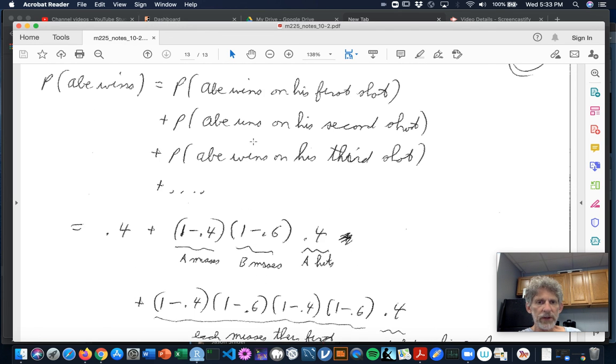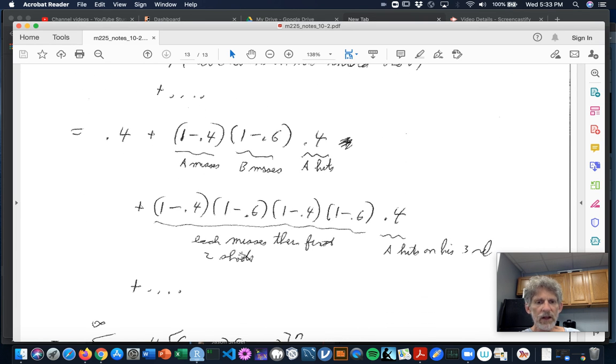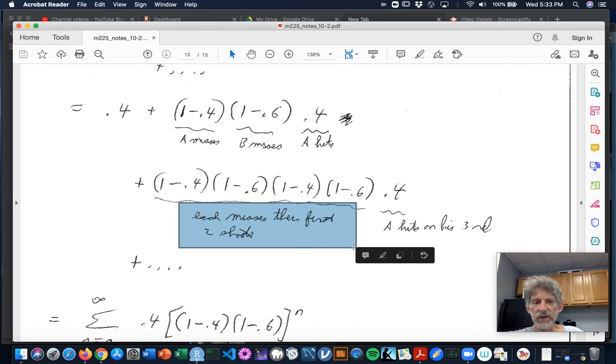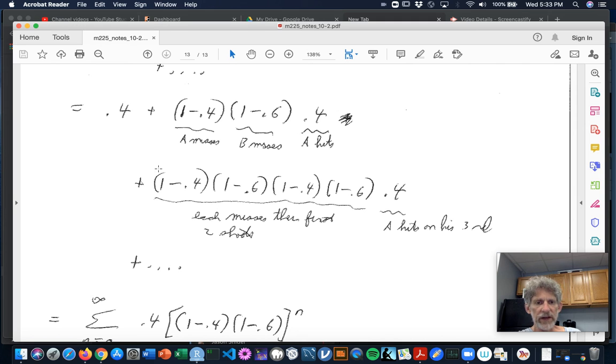And then how about the probability for Abe to win on his third shot? Well, now you've got to have the four misses, which have these chances: chance of Abe missing, chance of Bo missing, chance of Abe missing again, chance of Bo missing again, and then we put on the chance of Abe hitting on that third shot. And you would keep going like that forever.